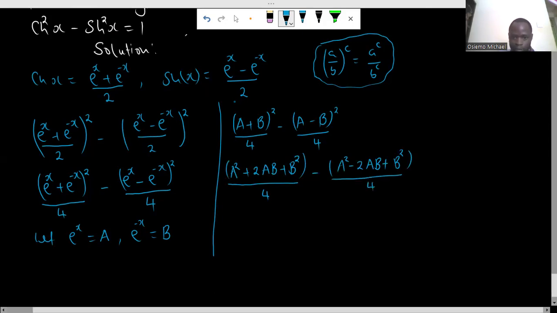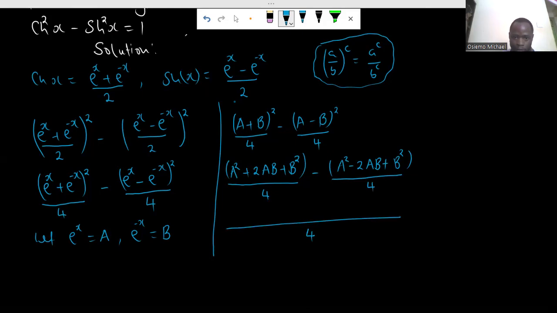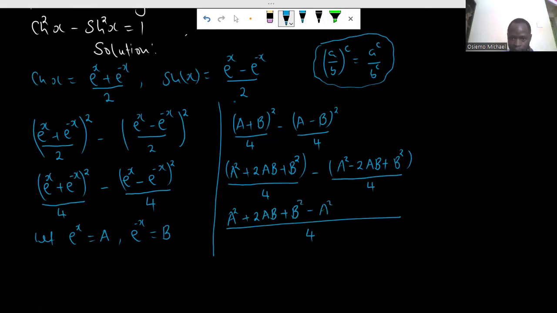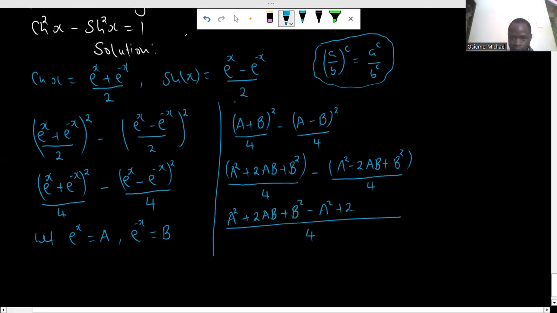The LCM is 4. As you open up the bracket, a squared plus 2ab plus b squared minus a squared plus 2ab minus b squared.